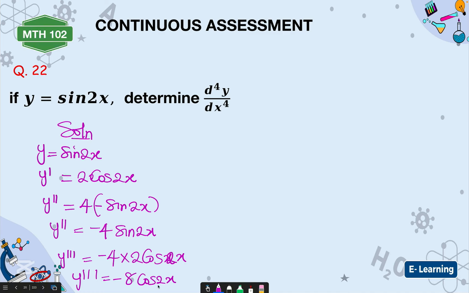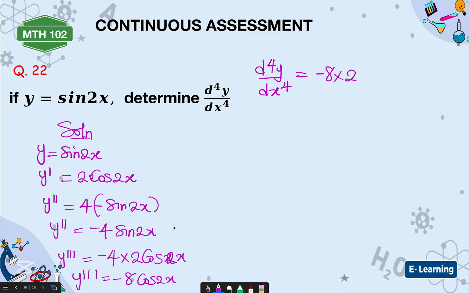To differentiate again, differentiate this 2x again, which will give us 2. Use it to multiply 8. So our d4y over dx to the power of 4 will be minus 8 times 2.